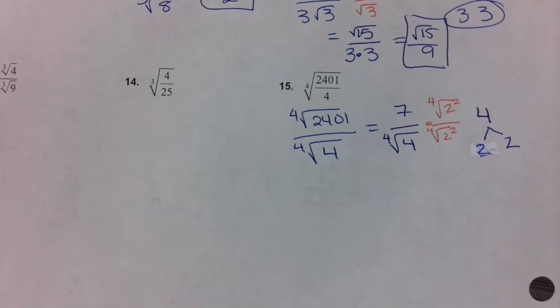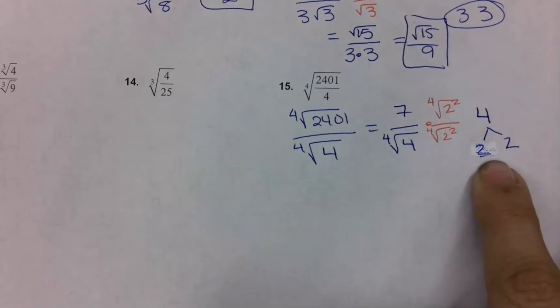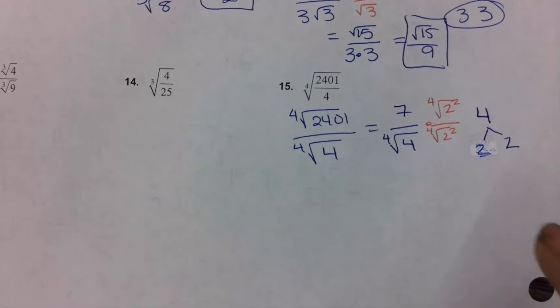Yes, I have to have 4 of the same number. I already have 2. I need 2 more. That's why it's squared. Okay?